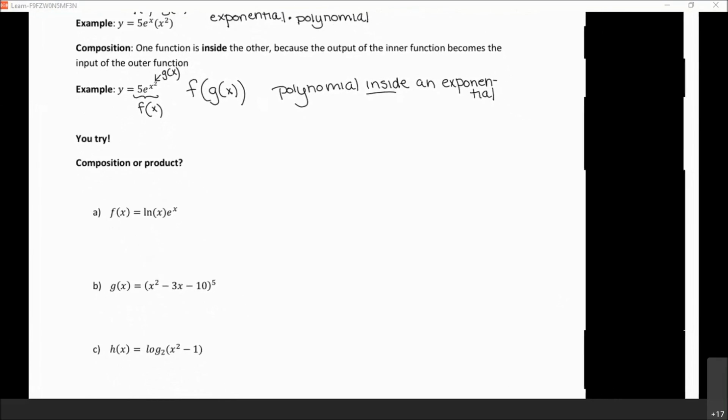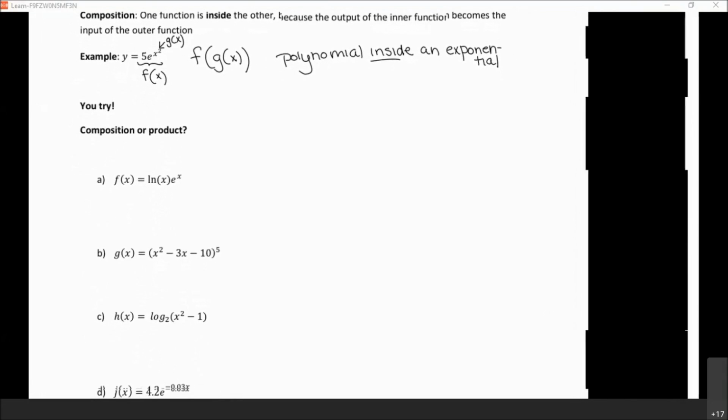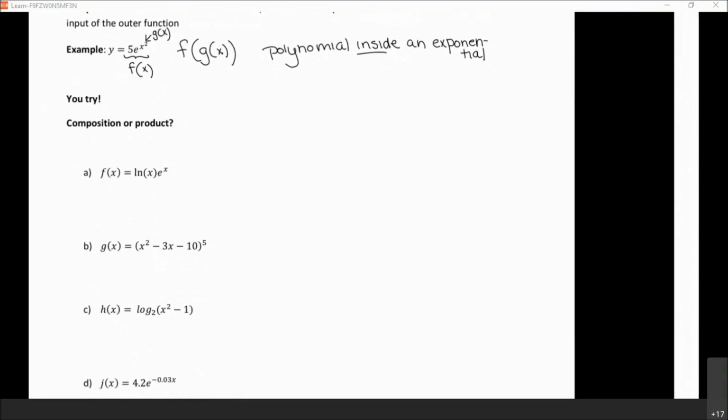So let's do just A and B for now. Look at A and B, and type composition or product. And then we just put them in the chat, with the letter.